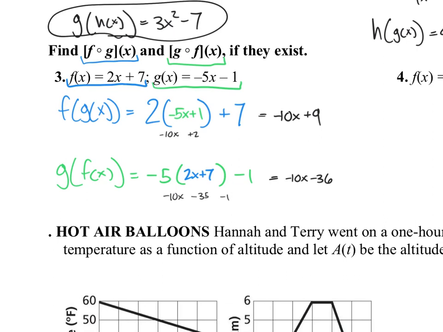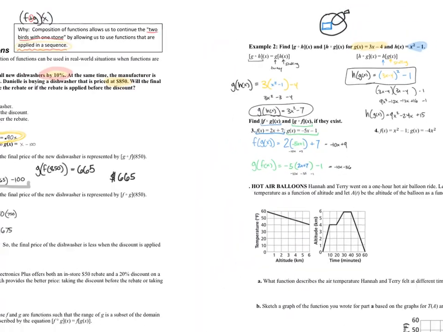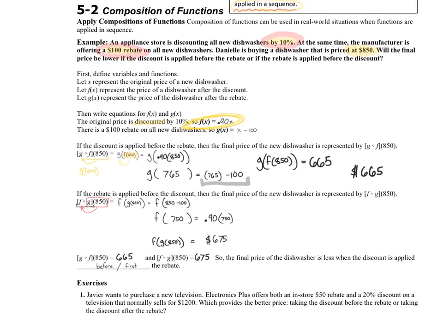Now, you'll notice that the two are different, and that's supposed to happen. Now, these weren't too far off. They both had a negative 10x piece out front. That won't always happen like that. Sometimes these won't have any terms that match. But we saw, in buying the appliance, that you do get different final answers, and that's normal.